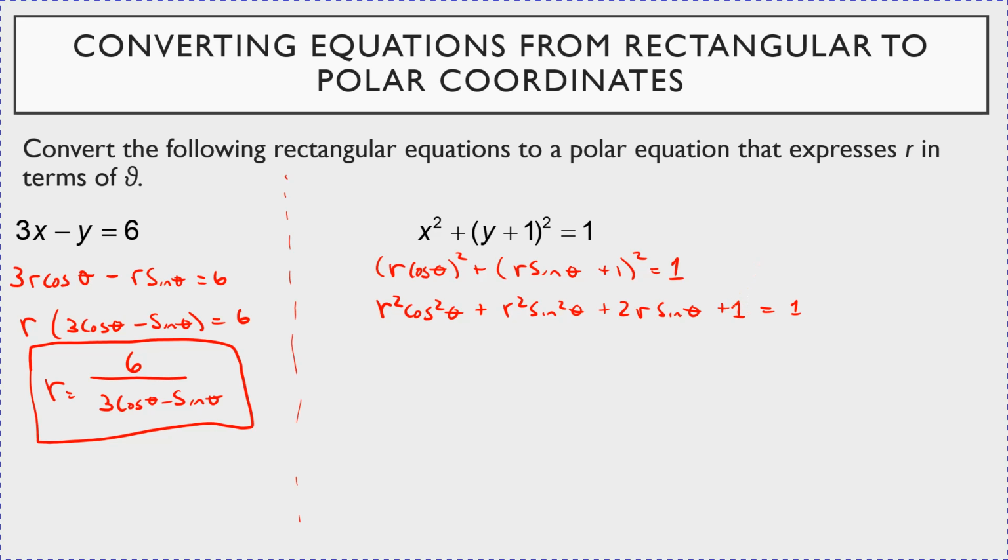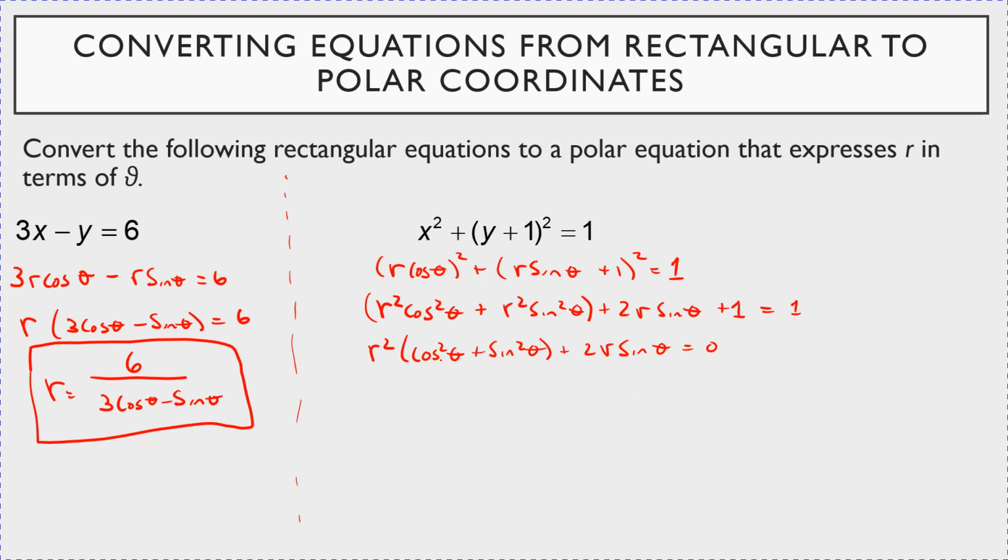I'm going to subtract 1 from both sides, so the 1's go away. And then I'm going to group these two together and factor out an r squared. So I get r squared times cosine squared theta plus sine squared theta plus 2r sine of theta is equal to 0.